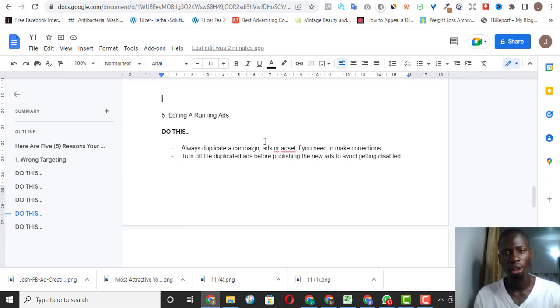And if you get your ads account disabled, you know what it means for your business. It means you have to start appealing and trying to get your ads account back. So what I will advise you to do in this case is always duplicate a campaign, ads or ad sets if you need to make corrections. All right, and I already explained this to you.